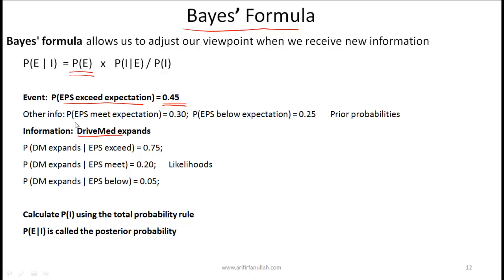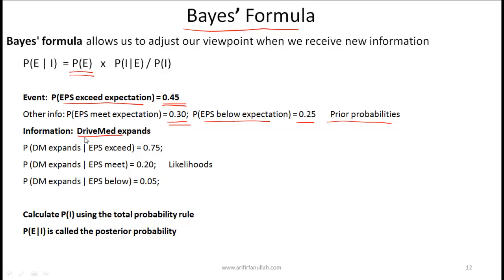Other relevant information is that the probability that the EPS will meet expectations is equal to 0.3. The probability that EPS will be below expectations is 0.25. These are referred to as prior probabilities.